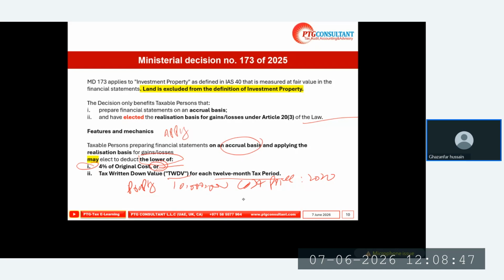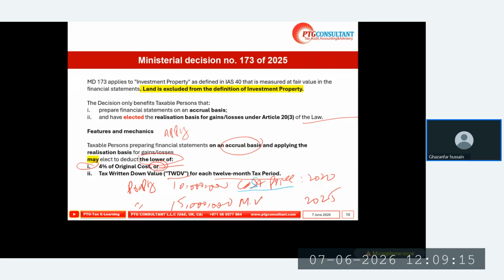So in 2025, the market value is 15 million. Same property, the cost is 10 million, right?